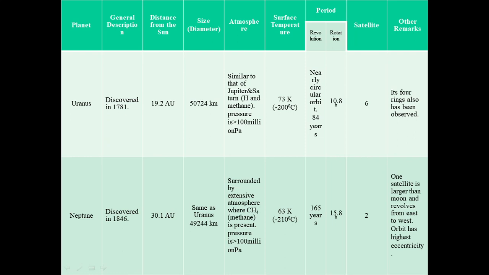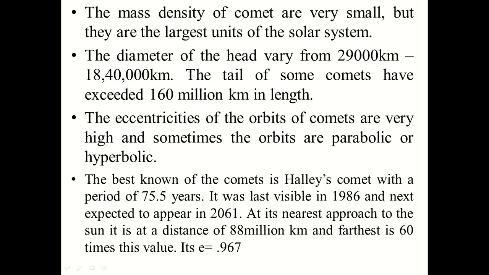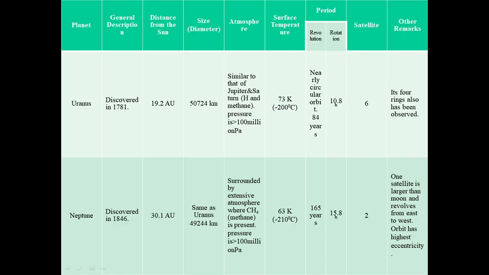Its surface temperature is 63 Kelvin, 10 Kelvins or 10 degrees Celsius lower than Uranus, and its period of revolution is 165 years and period of rotation is 15.8 hours. It has 2 satellites. One is larger than our moon and revolves from east to west.